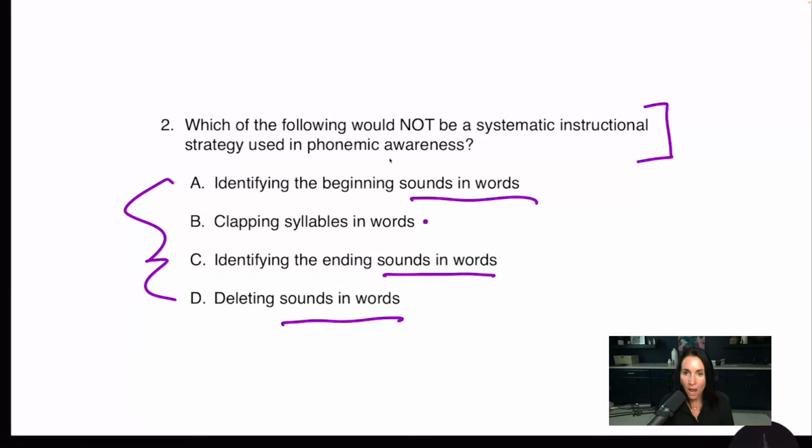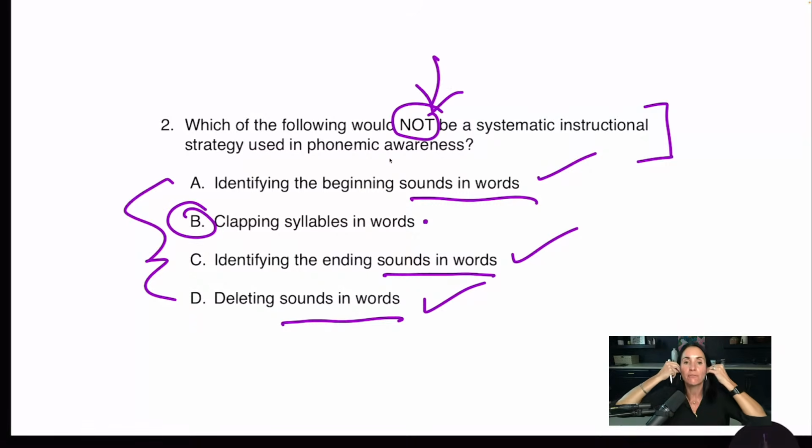Which of the following would not be a systematic instructional strategy used for phonemic awareness? Well, we said phonemic awareness is sounds in words. And so clapping syllables is more about word parts rather than individual sounds in words. And so B would be the correct answer because it is not a systematic strategy used in phonemic awareness. Remember, phonemic awareness is sounds only.